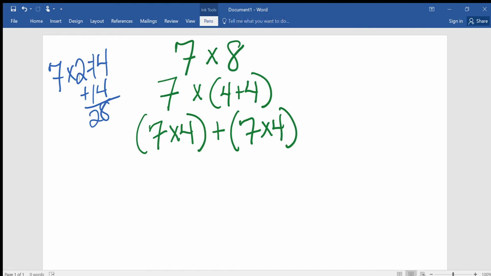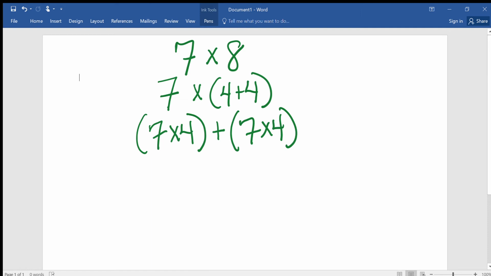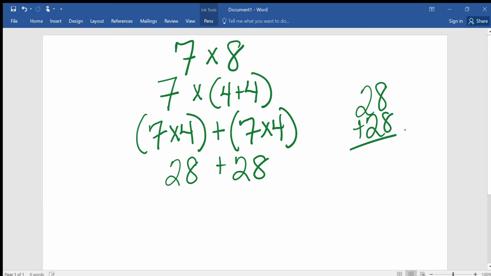All right, let me erase that. Okay. All right, so now I have 28 plus 28. This I most definitely need to write on the side and add it up. 8 plus 8 is 16, carry the 1, 5. Okay.